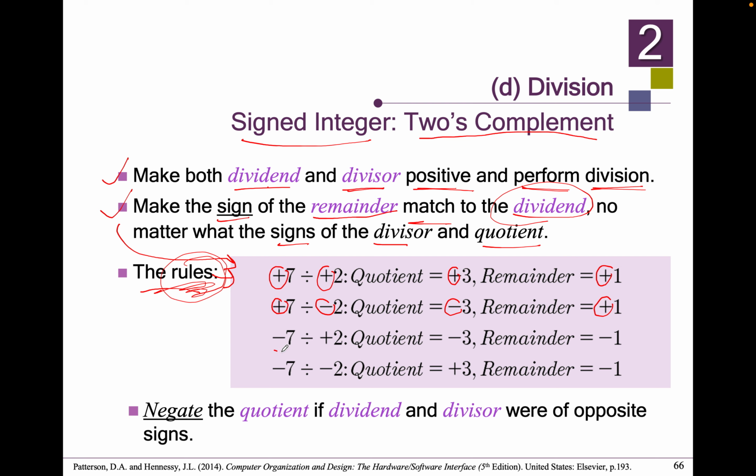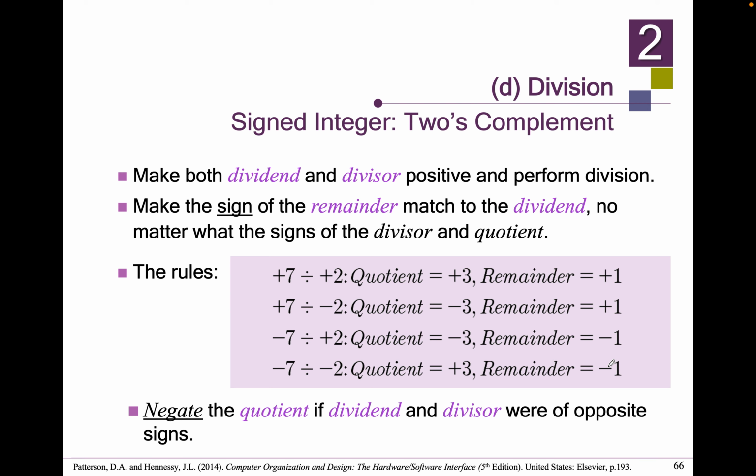If you have dividend negative and divisor positive, you're going to get quotient negative and remainder negative. When you have both dividend and divisor negative, the quotient will be positive and the remainder will be negative. So please make sure you memorize these rules.